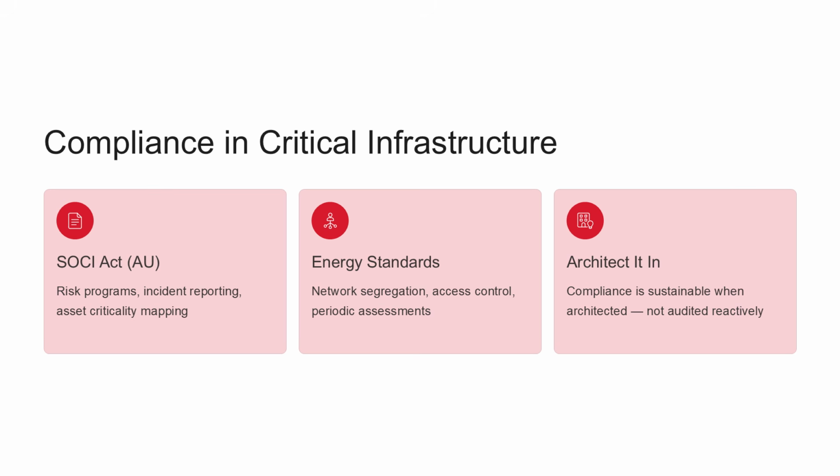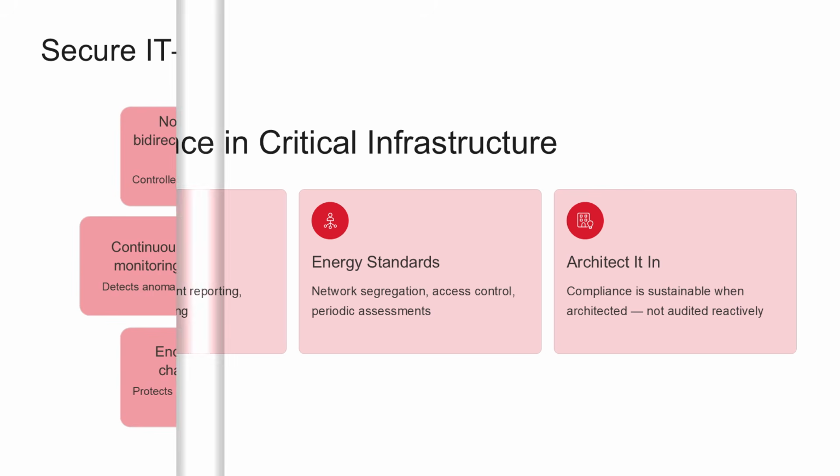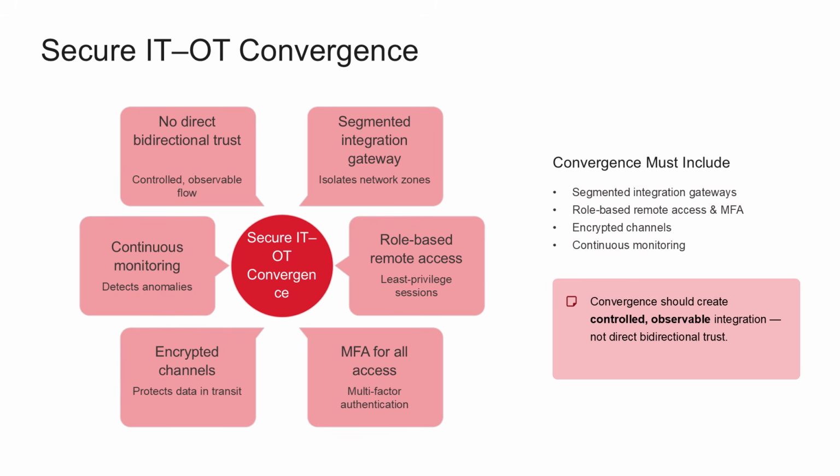For example, if SOCI requires incident reporting within specific timeframes, your logging and detection architecture must support rapid investigation and evidence gathering. If regulations require asset inventory, your architecture must integrate asset management systems with risk assessment processes. Compliance becomes sustainable when architected, not when audited reactively. Digital transformation often requires IT-OT convergence.